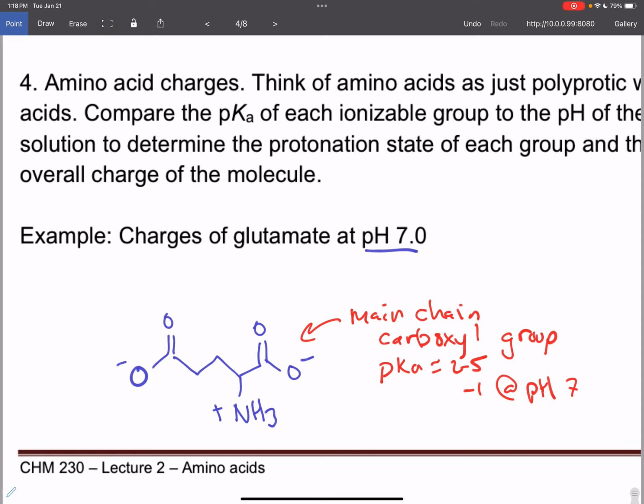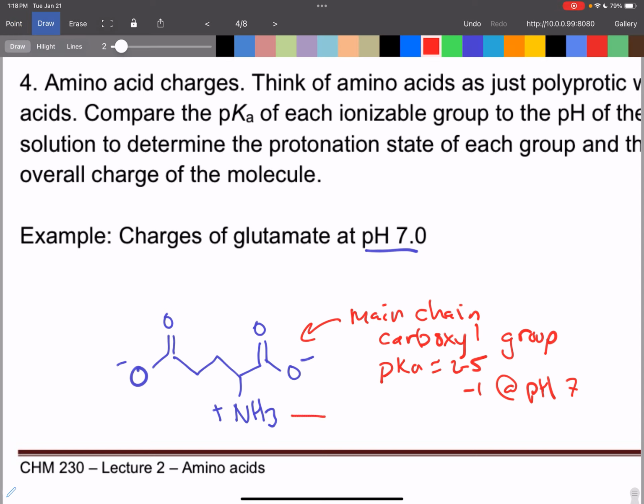Then similarly, we can look at the main chain amine here. Similar analysis: the main chain amine is going to have a pKa somewhere in the 8 to 10 range, and so it's going to be +1 at pH 7 because the pH is lower than the pKa, the opposite of the carboxyl group. And similarly, on the left here, this is the side chain carboxyl group.